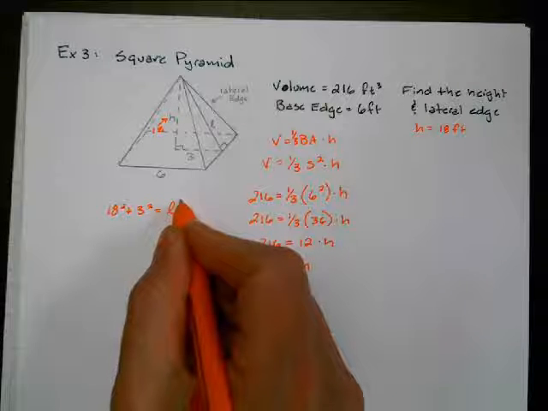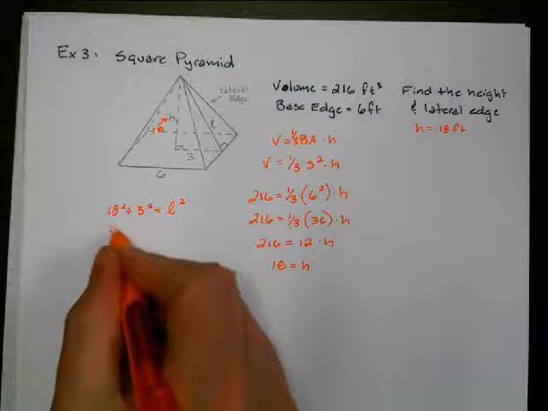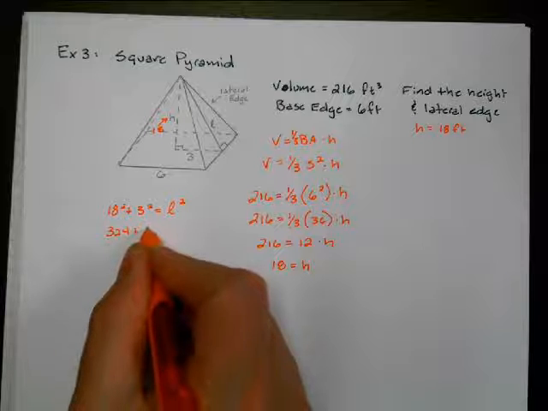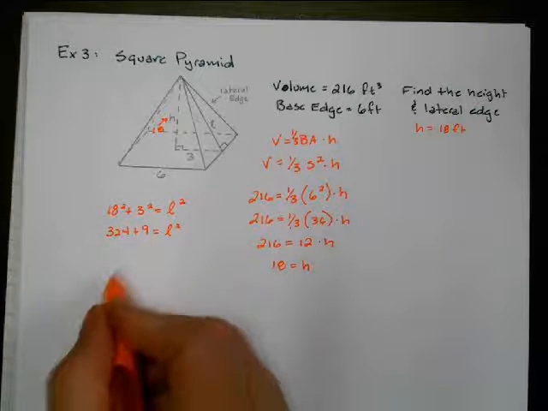So 18 squared, what's that, 324? 18 times 18, yeah, 324. 3 squared is 9. Okay, so we end up with 333.